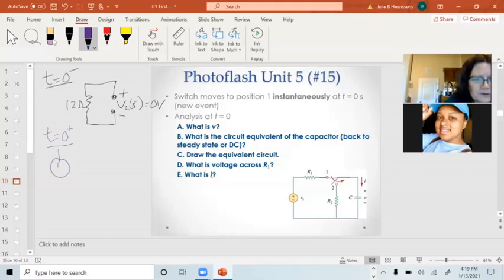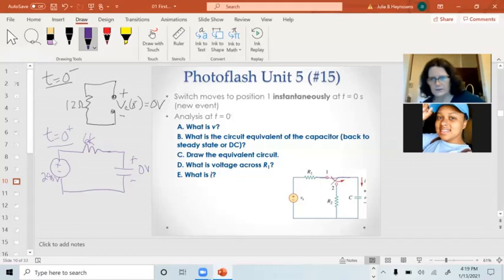I've got the 240 volt source in there. I've got the 6K ohm resistor. And I've got a capacitor that has no charge stored across it. So this is 0 volts.